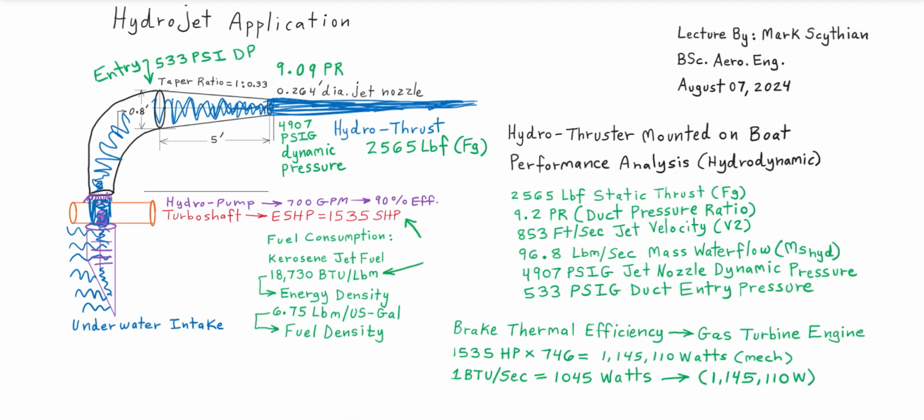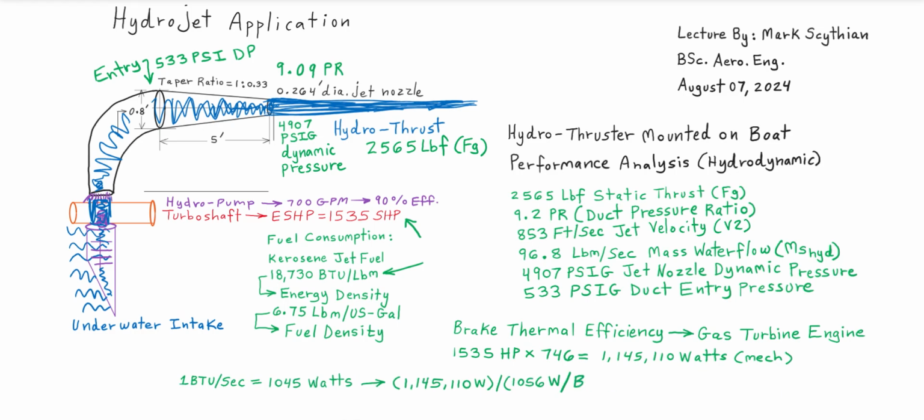So that's a typo there, 1056 watts. So we take the mechanical wattage, 1,145,110 watts, and divide it by 1056 watts, the number of watts to 1 BTU per second. And we compute 1084.4 BTUs per second.